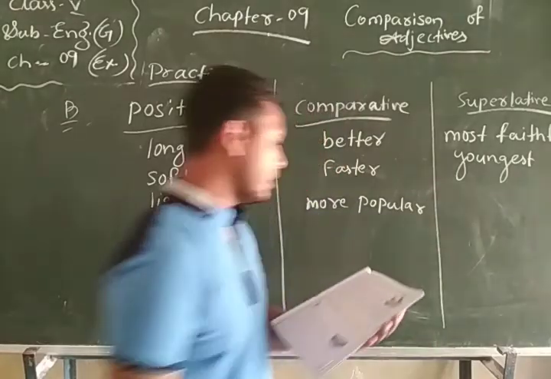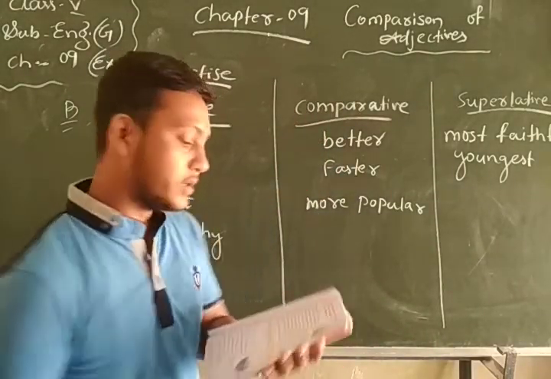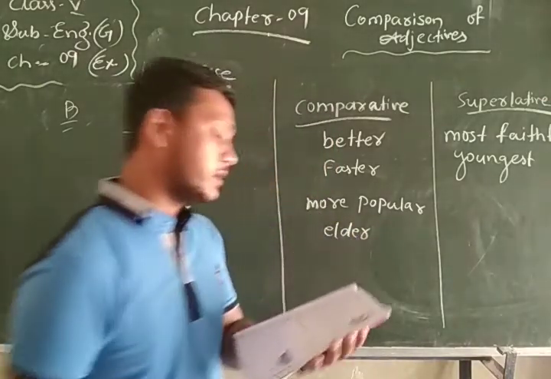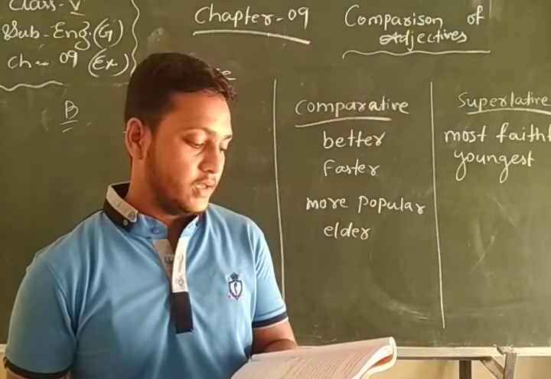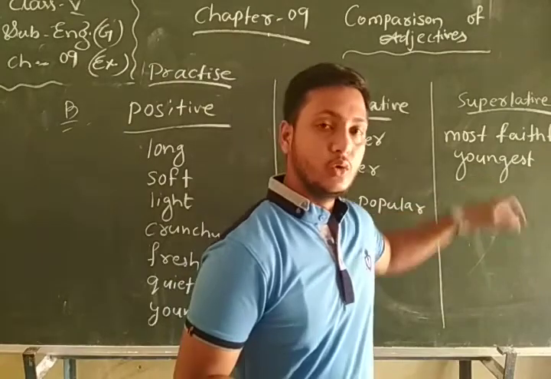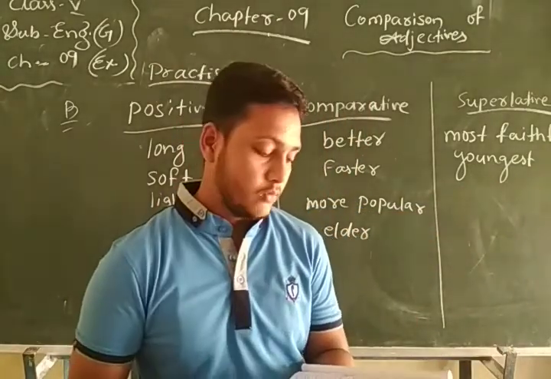He is more popular in the family than I am. Joy's elder brother is with my uncle. He looks as if he is the youngest. Okay, we have already written youngest, so no need to write it again. You have to underline that word.